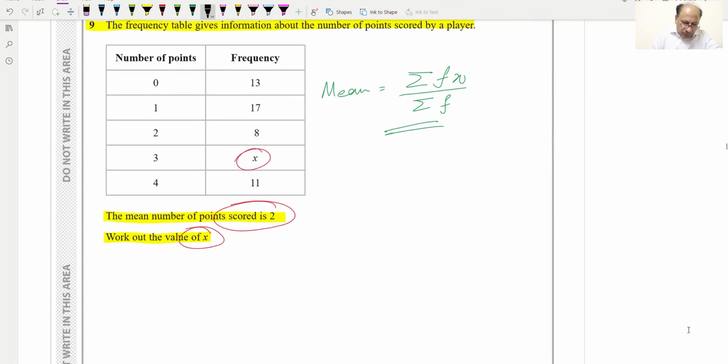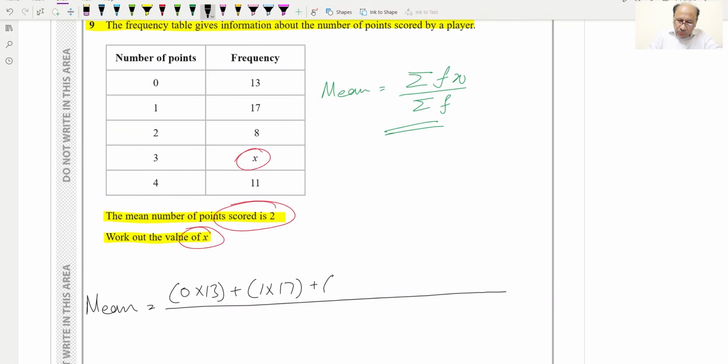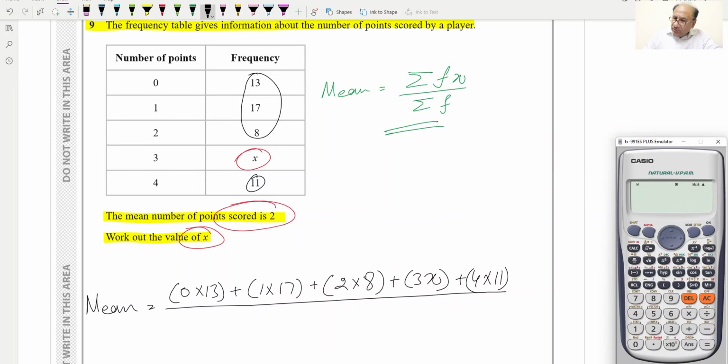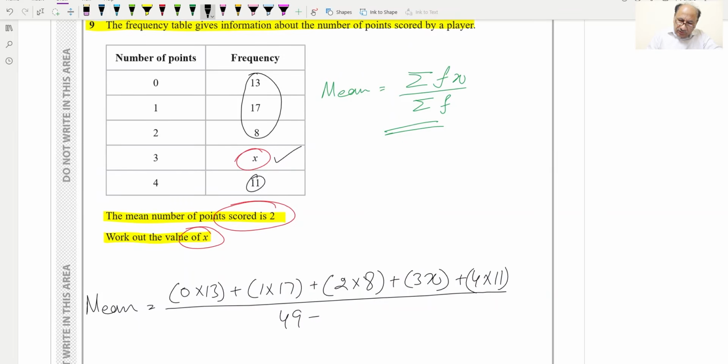Now we can apply the formula. Mean is equal to a fraction like this: 0 into 13 plus 1 into 17 plus 2 into 8 plus 3 into x, so I will write 3x, plus 4 into 11, divided by the sum of the frequencies: 13 plus 17 plus 8 plus 11 and plus x, which is 49 plus x.